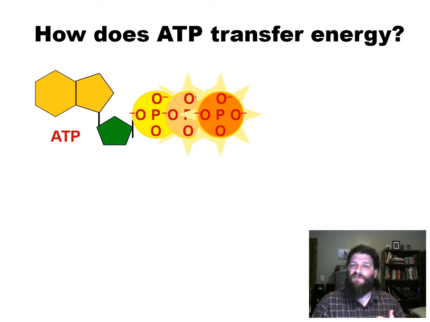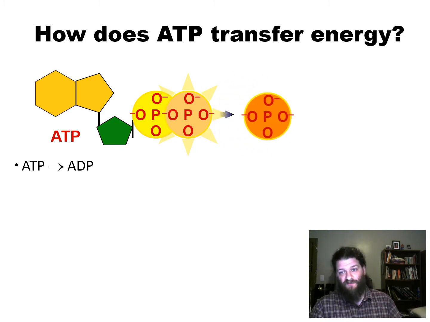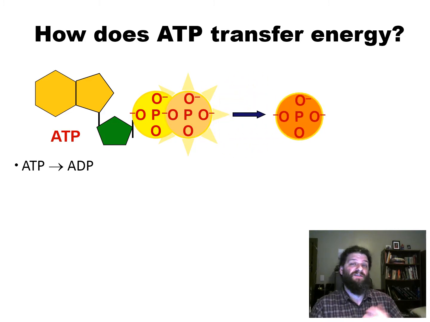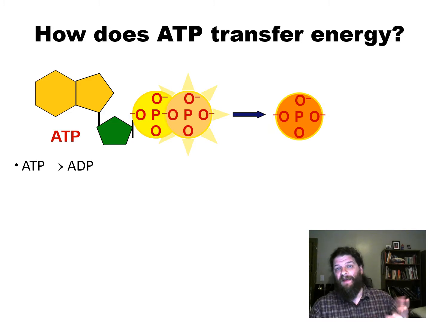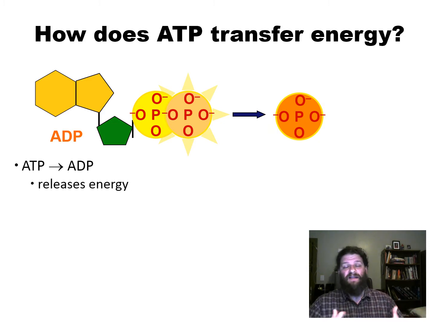If ATP is the currency, then how does that energy get transferred from one reaction to another reaction? We're going to take that ATP, and we're going to break one of the phosphates off and turn the ATP into ADP. Now, the amount of energy that used to be holding that phosphate group on, we're going to say is released. Now, I can't take energy and pour it out and hand it to you.